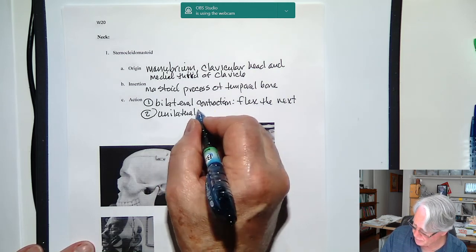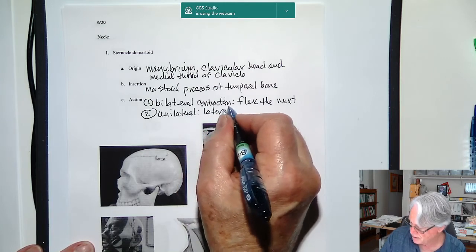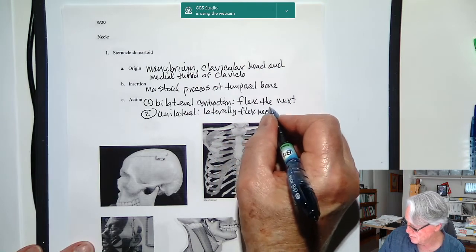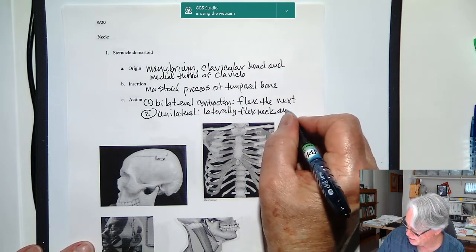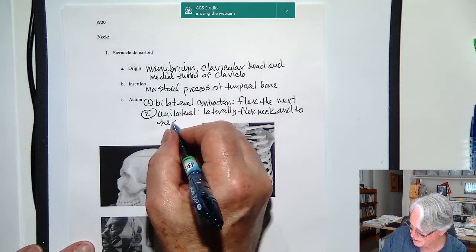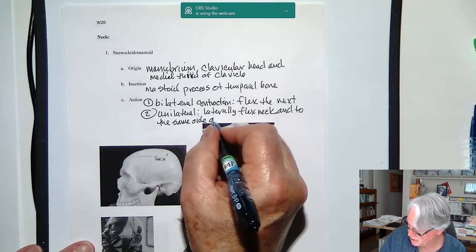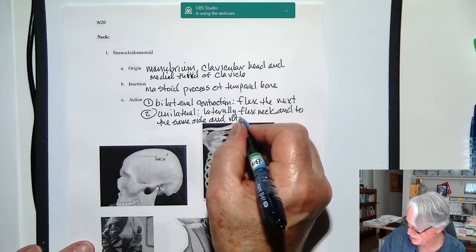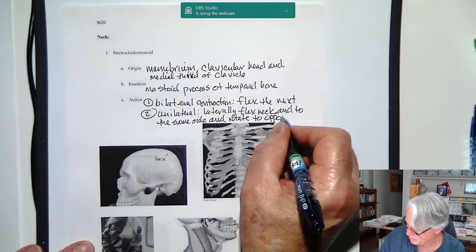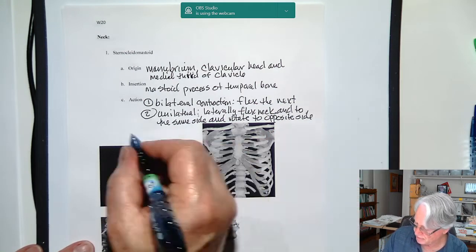And there you're going to get lateral, or laterally flex the neck and head to the same side and rotate to the opposite side of the contracting muscle.